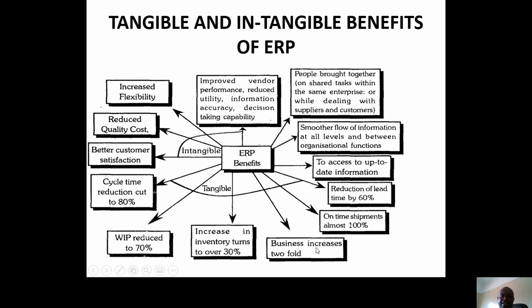Right? Now, these are some of them, but it's more of a repetition of what we have already said. But in this case, we are just saying there are intangible benefits and tangible benefits. Right. So you can distinguish what we have already done into tangible and intangible benefits. Okay?